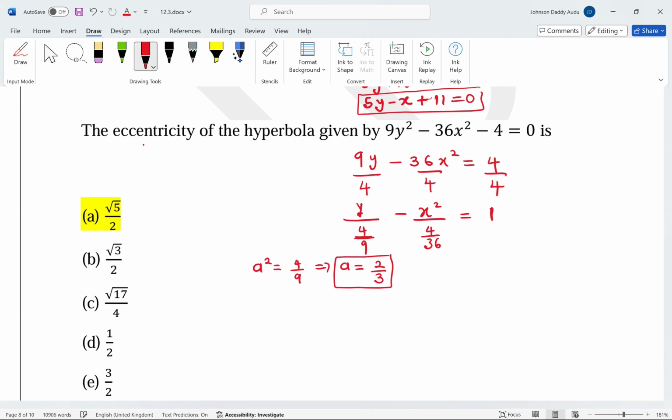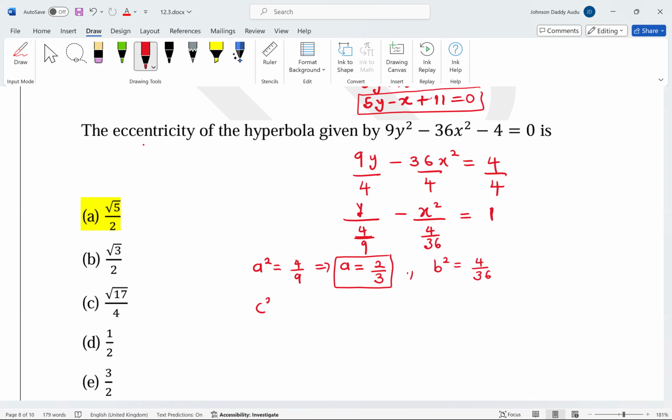Then b squared is nothing but 4 over 36. Now we want to find c, because we need c. But what is c squared?